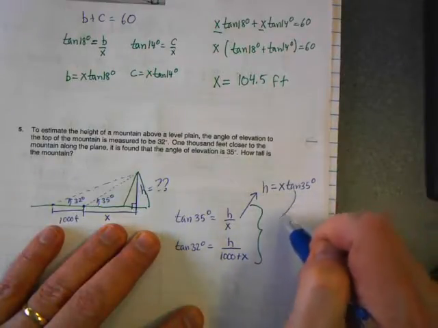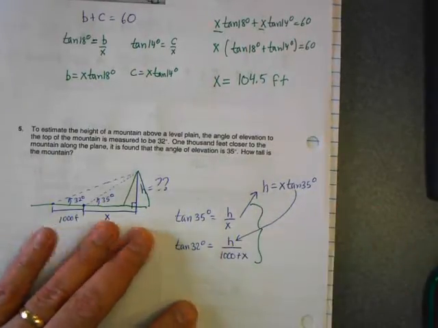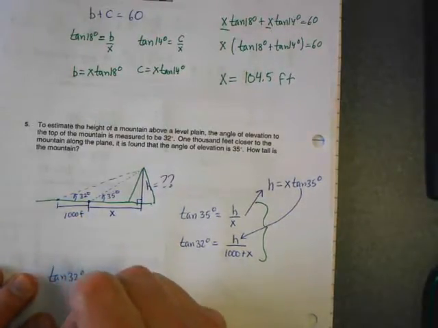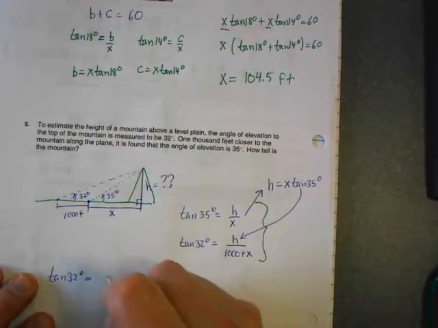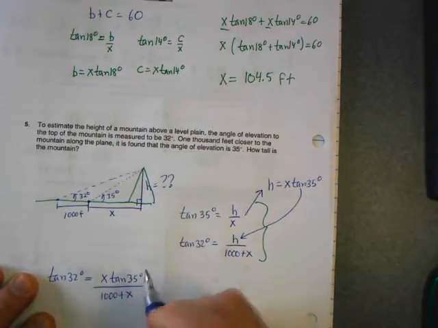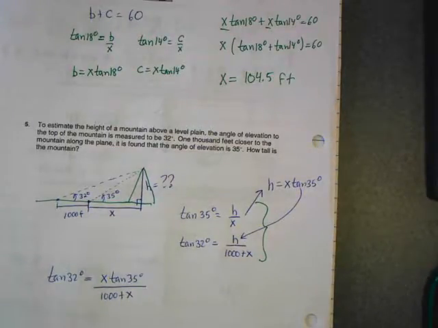And then put that into there. All right. So tangent 32 degrees is X tangent 35 divided by 1,000 plus X. All right, so that's better. So now that equation only has one variable and it only has the variable X. You can work with that.